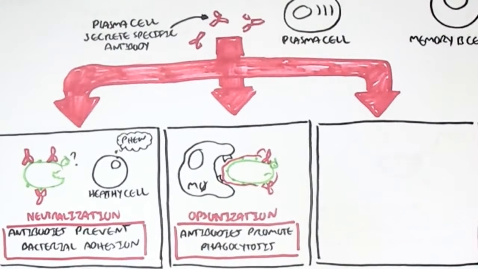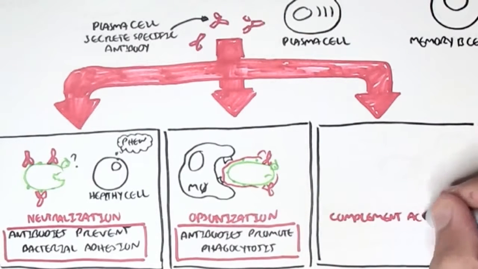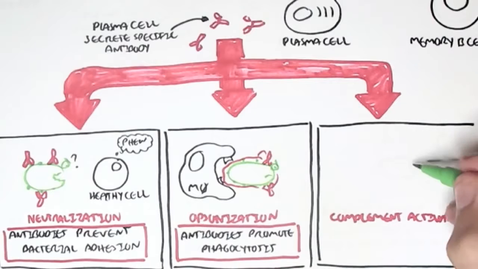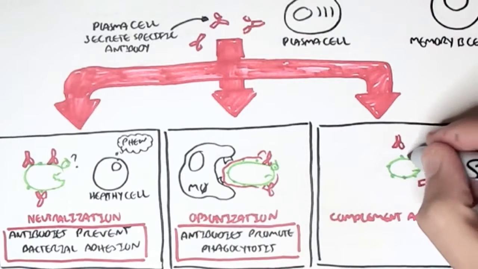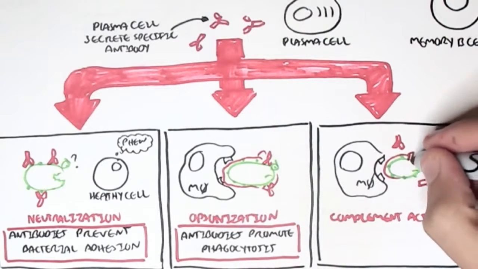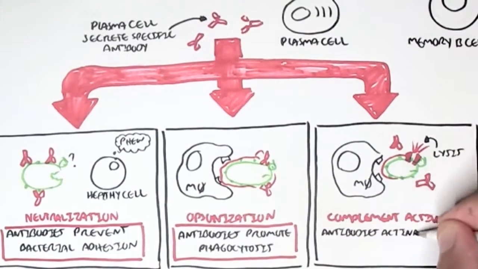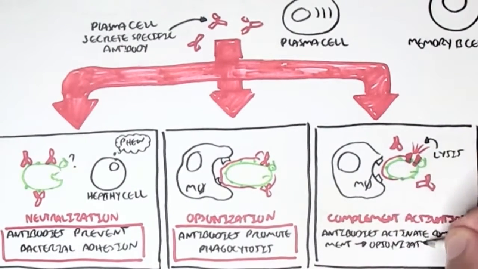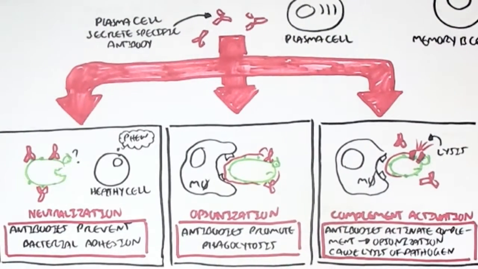Thirdly, specific antibodies towards a specific antigen can activate complement. Activating complement essentially means that antibodies can opsonize the pathogen, promoting phagocytosis, as well as lysing a pathogen. So antibodies activating complement can opsonize a pathogen and also cause the pathogen to lyse, to self-destruct, to burst.